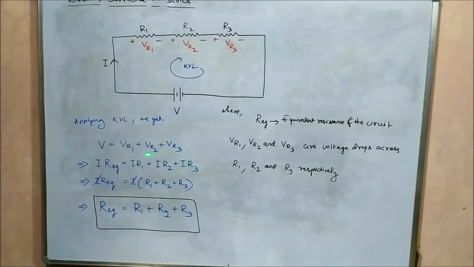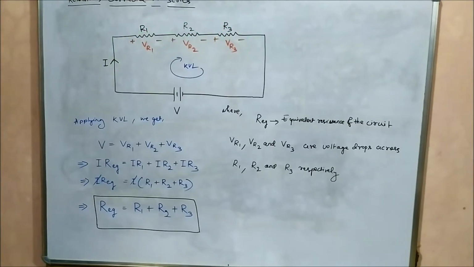Now in this expression I can be taken common, I into R1 plus R2 plus R3. So I on the LHS and the RHS cancels out, and the equivalent resistance is given by R1 plus R2 plus R3, the simple sum of the three resistors connected in series.